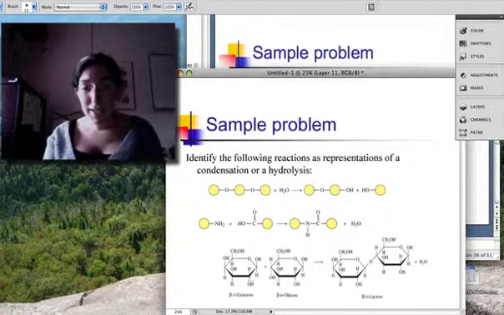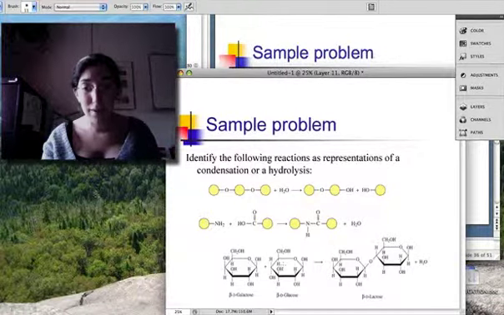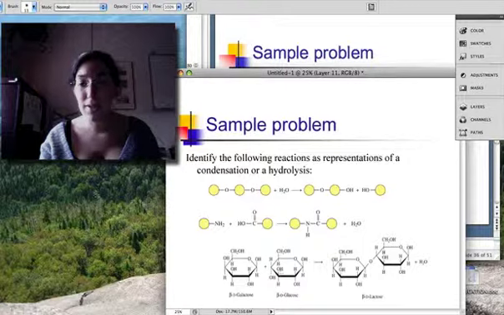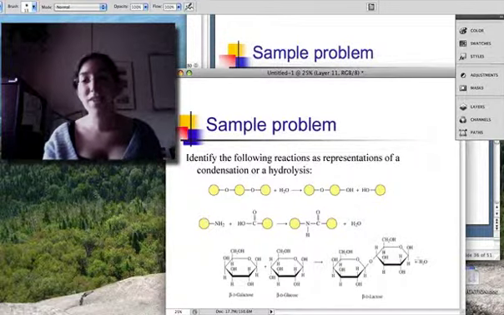And then lastly here, we have two monosaccharides, beta-galactose plus beta-glucose. And they form together, in a product, we've got a disaccharide plus water. So what would this be? A condensation reaction. Whenever water is a product, it's a condensation reaction, okay? So that's the thing to look for, really.